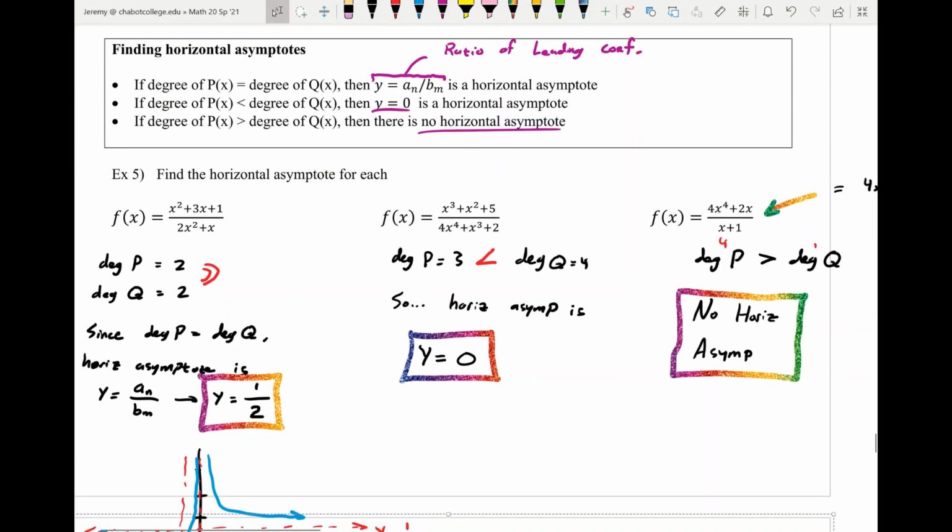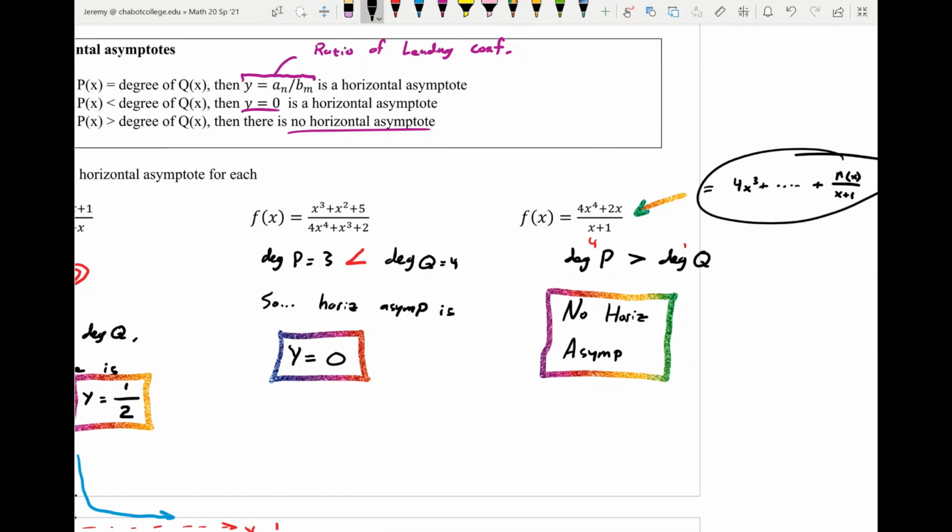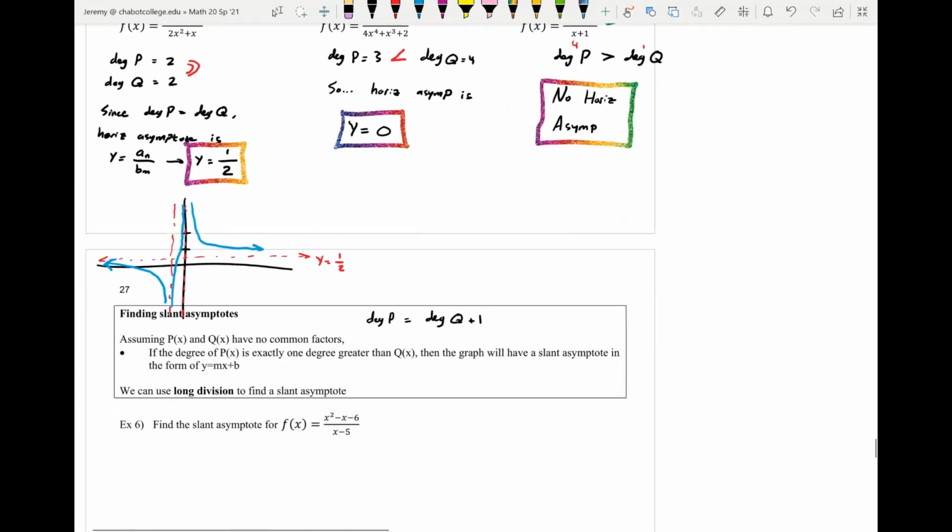So I was kind of hinting at that, talking about long division up here. It turns out long division is going to play an important role in this section.